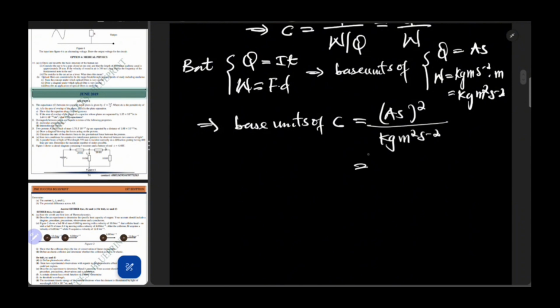Now starting with kilograms, I will have per kilogram per meter squared second to the power 4 ampere squared, because when this minus 2 goes up, times s to the power 2, we have s to the power 4 times ampere squared. So these are the base units of the left hand side.